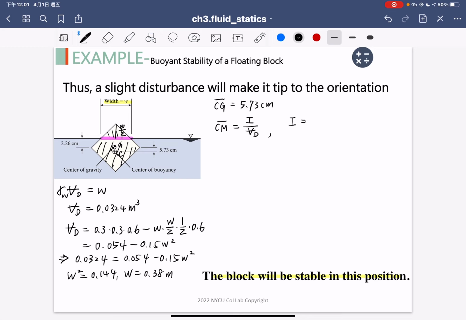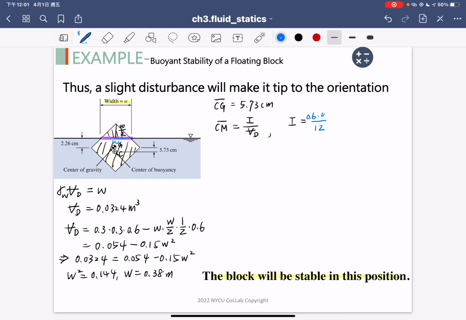Okay, so since we have the W, we can compute the I. The I is again, because the cross-section surface area here, the rotation axis is still along the longitude. Okay, so we have 1 over 12, and the longitude length is 0.6. But right now the width is different.